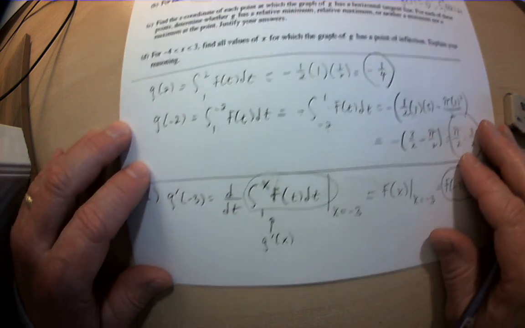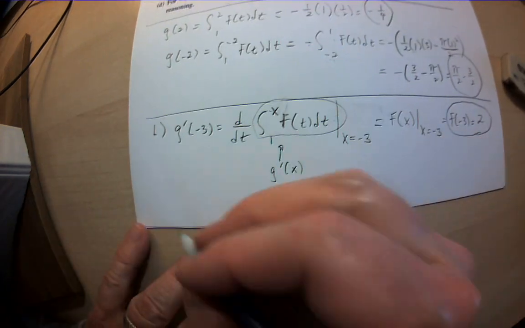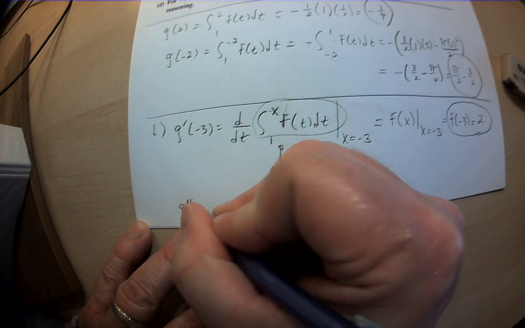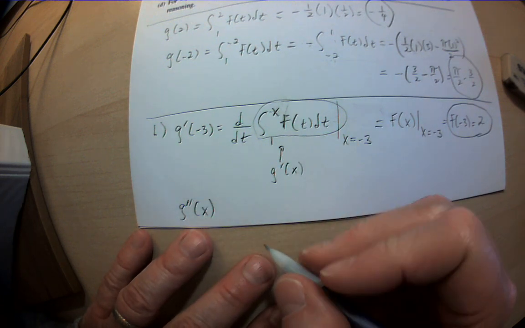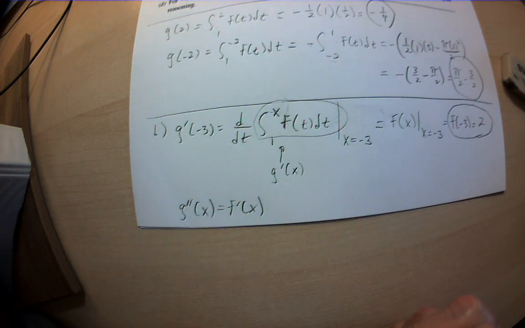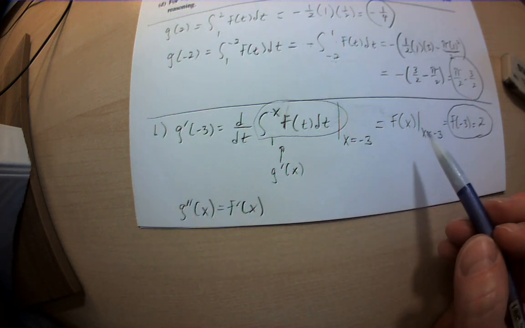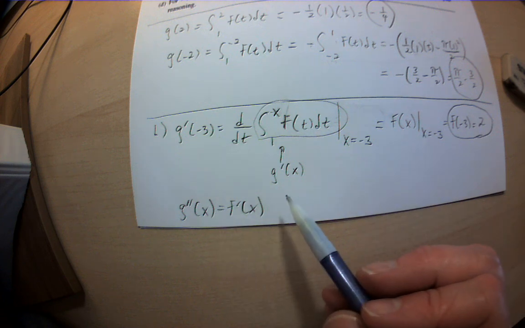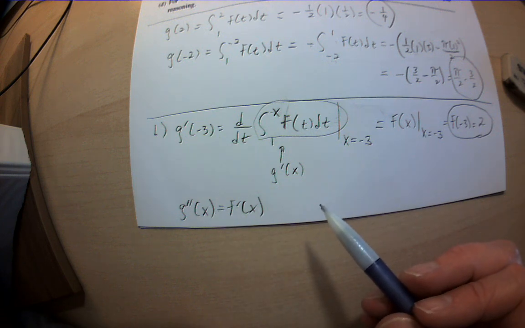Okay, following in that vein of thought, g double prime of x is going to be f prime of x. Okay? If g prime is f, then g double prime is f prime. Just kind of makes sense.